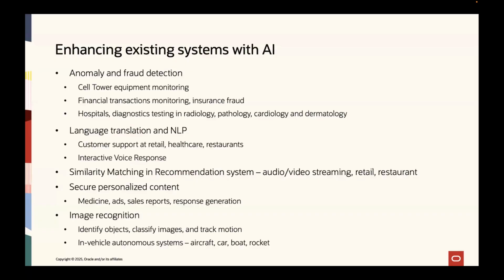The ability to do what's called similarity search is very popular with audio and visual types of content. And this can be used certainly with entertainment, but also to make recommendations at stores and restaurants, in addition to entertainment like movies and video.